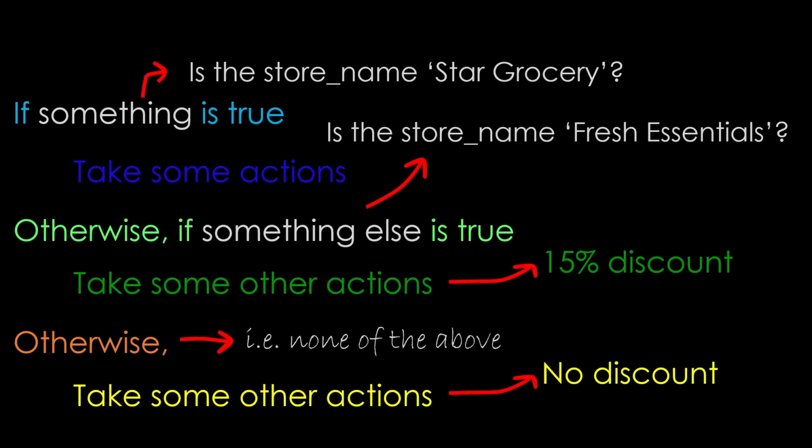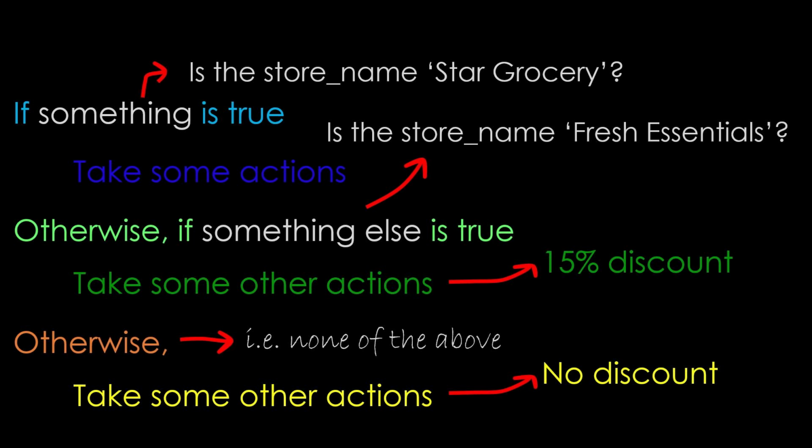Here, the something condition for the opening line remains the same. The action is the same too. But in the next line, we add an additional condition for something else. This condition checks if the store name is Fresh Essentials. When this condition is true, it prints a 15% discount.